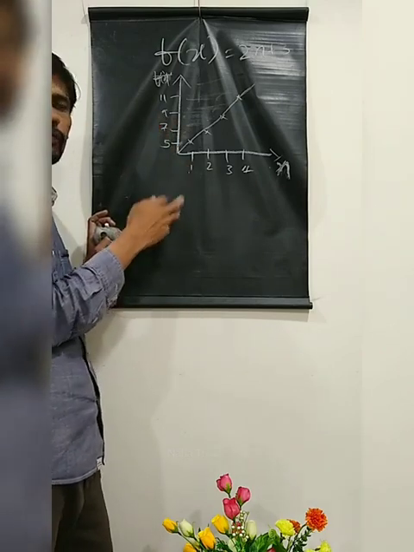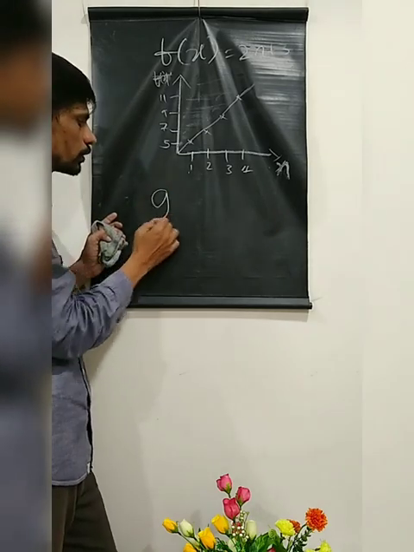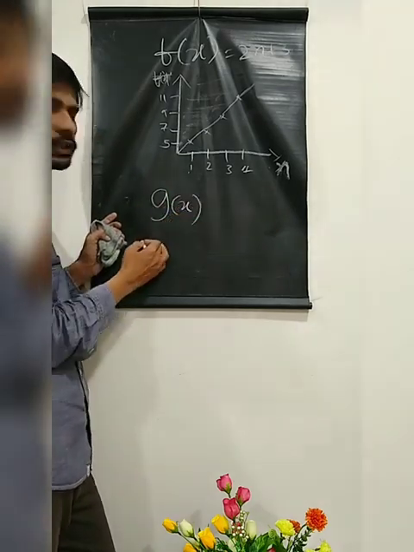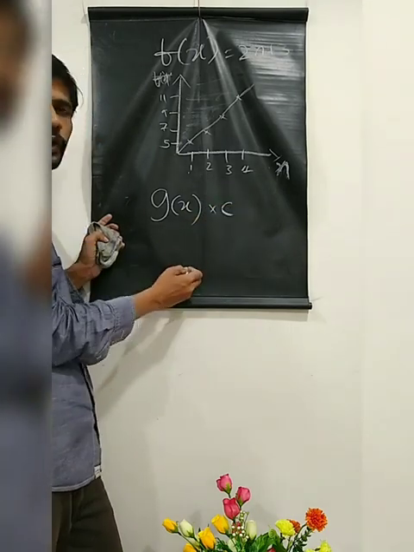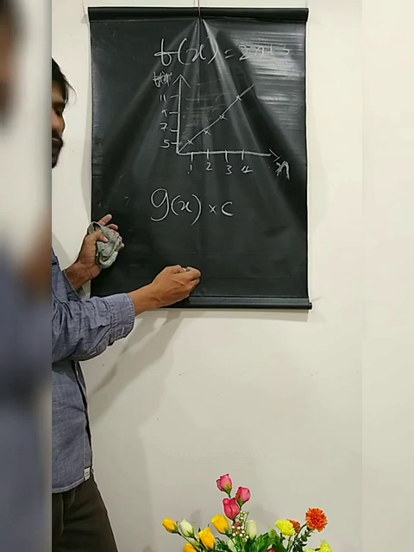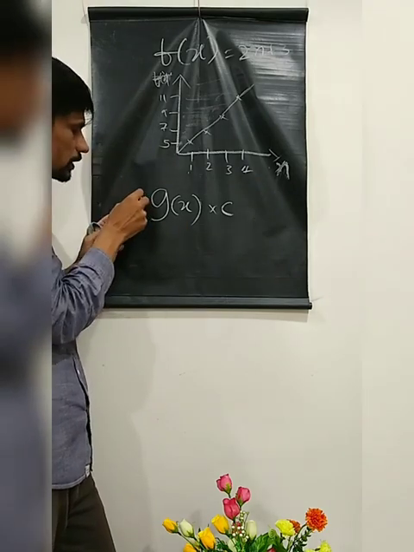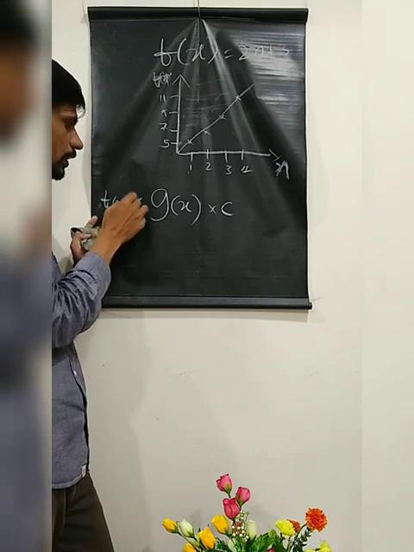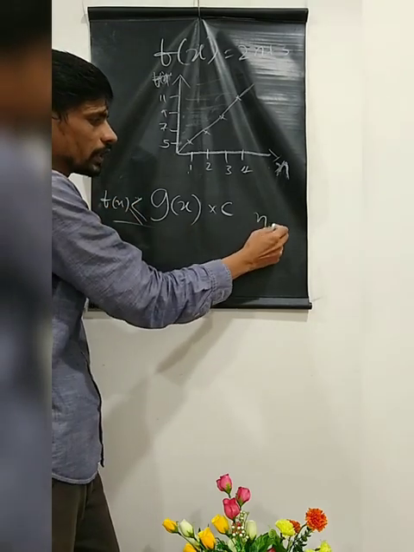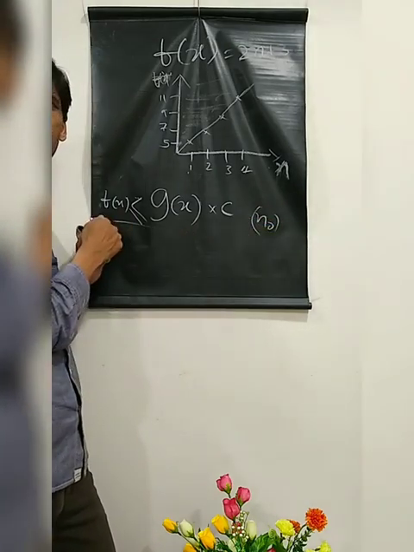While finding big O, we first try to find another function g(x) that is multiplied by a positive constant c, so that this value is always greater than or equal to f(x) for a given n0. This is what we learned about big O.